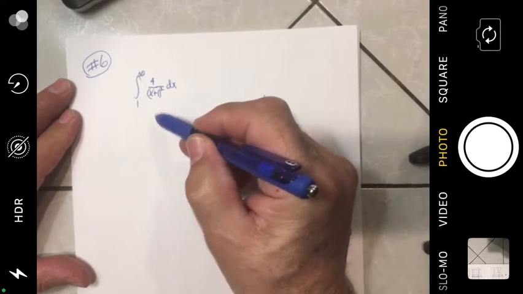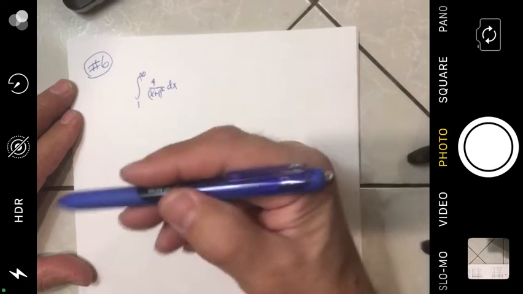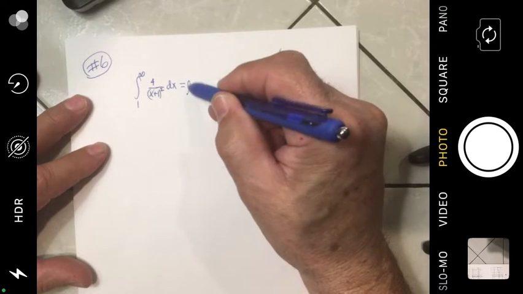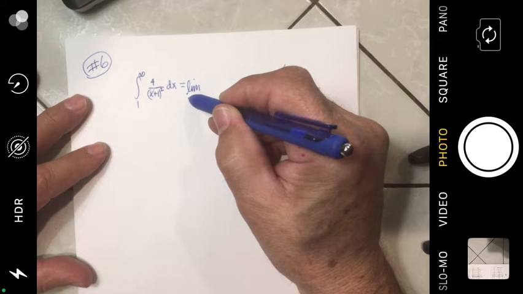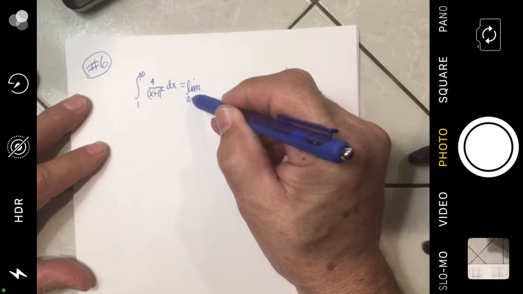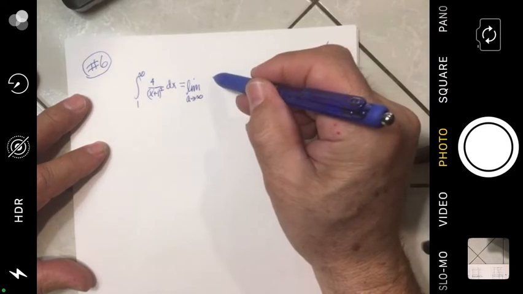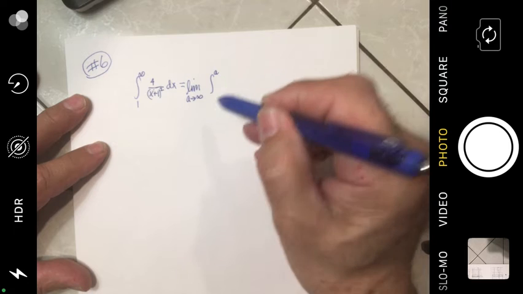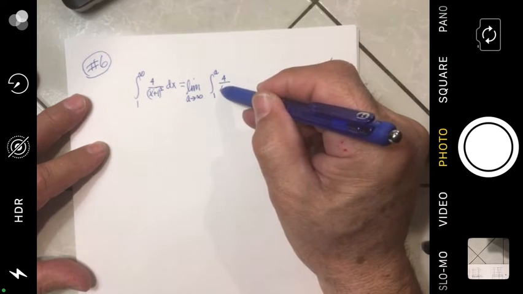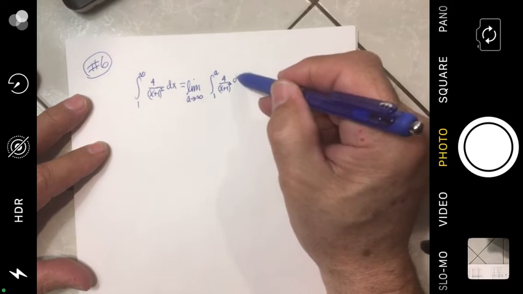So when you have the improper at infinity, you always write the limit as a, or b or c or some variable, let's call it a, approaches infinity, and replace the infinity with an a, and that's 4 over (x plus 1) squared dx.